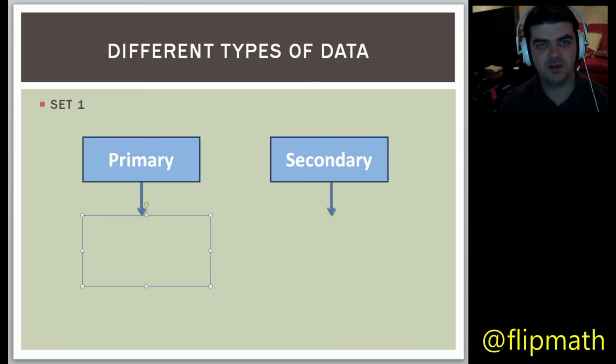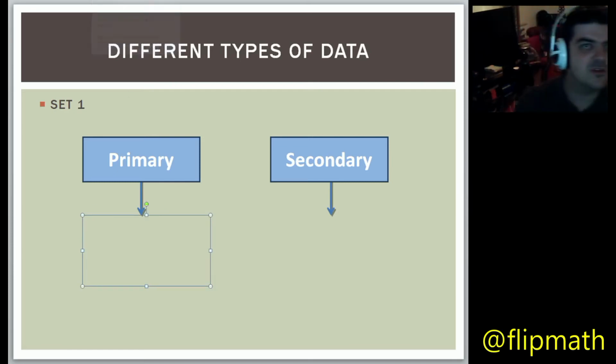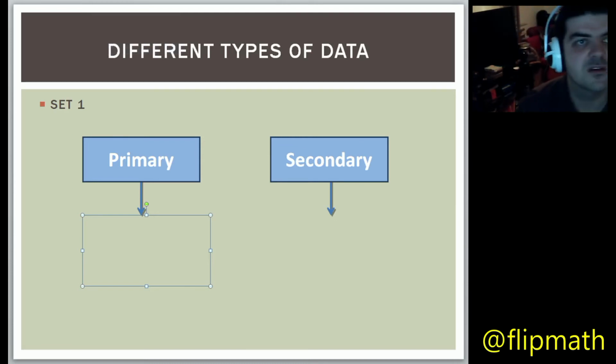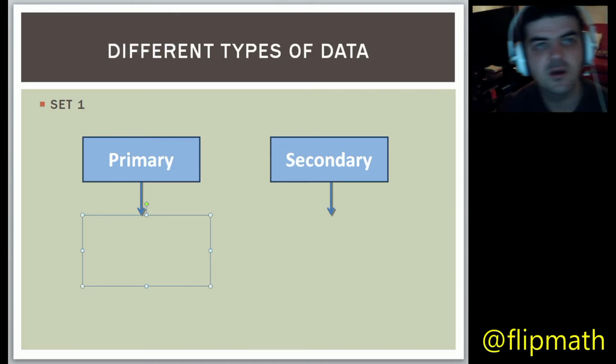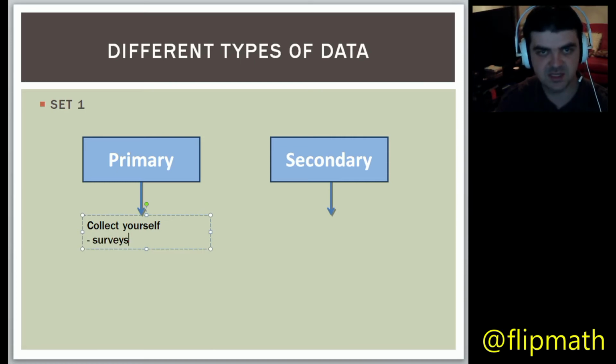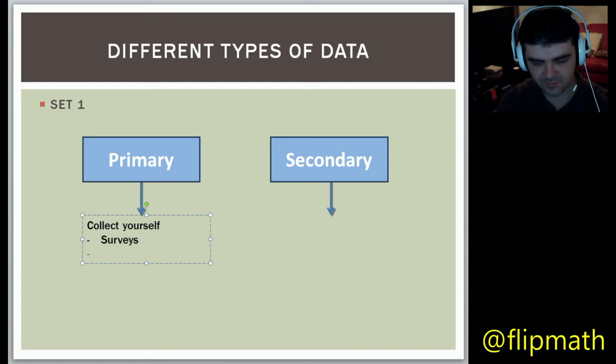Well, primary data is data that you collect yourself. So examples would be things like surveys or looking at observational data.